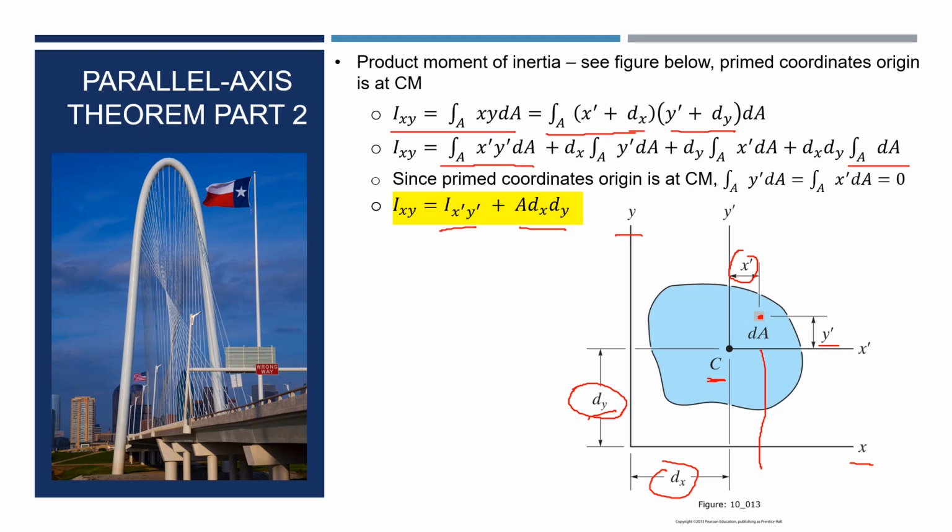So the integral of y prime dA is going to be 0. Integral of x prime dA is going to be 0. Because the center of mass is at 0 in both cases. And there it explains it right there, resulting in this. The yellow highlighted stuff that I use, those are things to take good notes about. So previous slides and this slide, you should probably have this written down on a note card somewhere to refer to quickly.